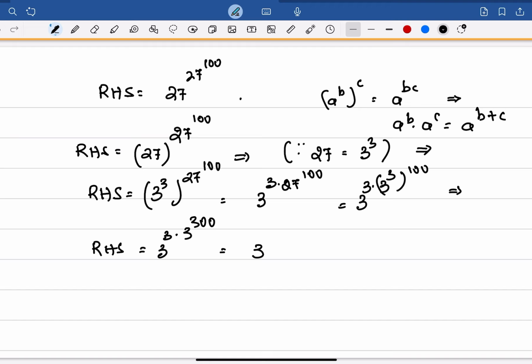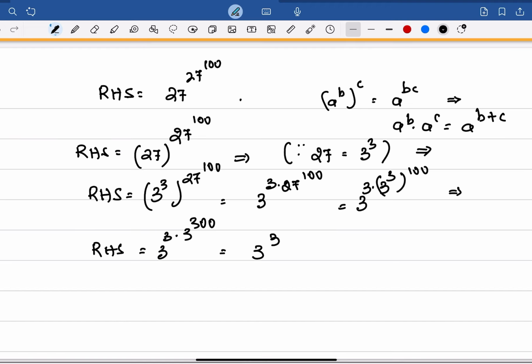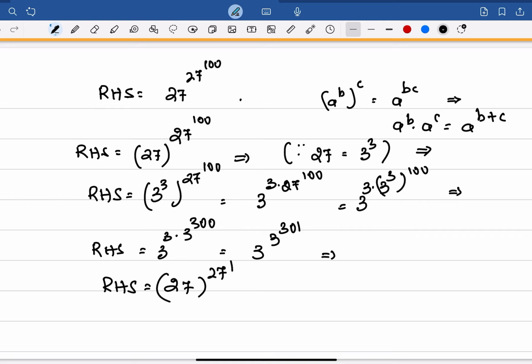Similarly, 3 into 3 to the power of 300 is equal to 3 to the power of 301. That means my right hand side, 27 to the power of 27 to the power of 100, is equal to 3 to the power of 301.